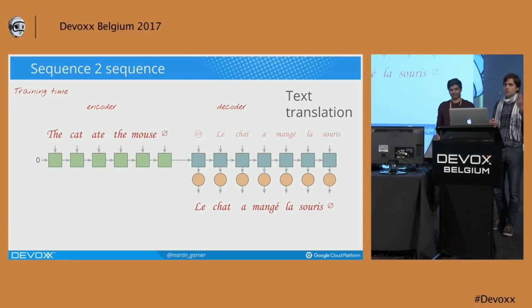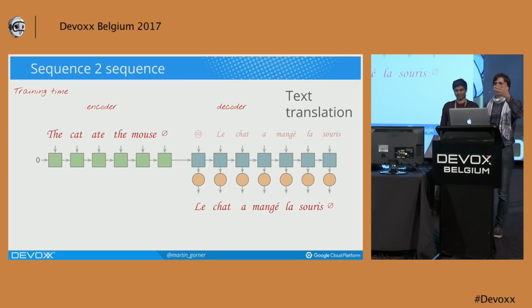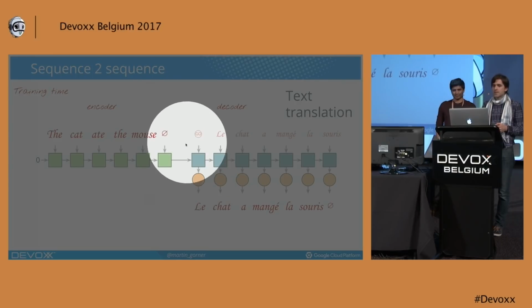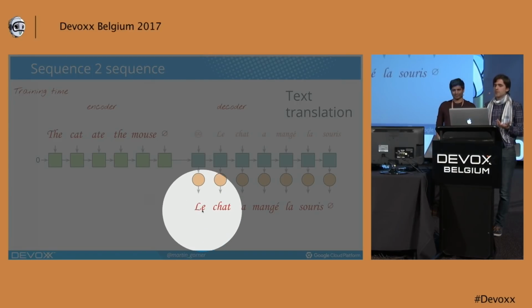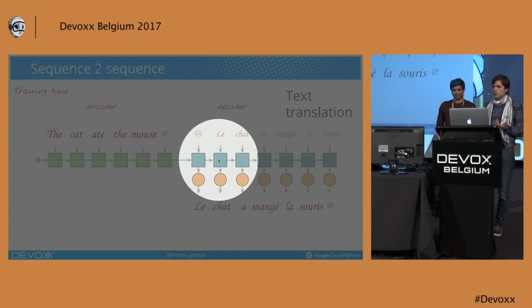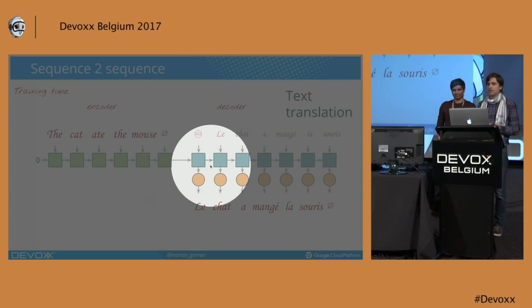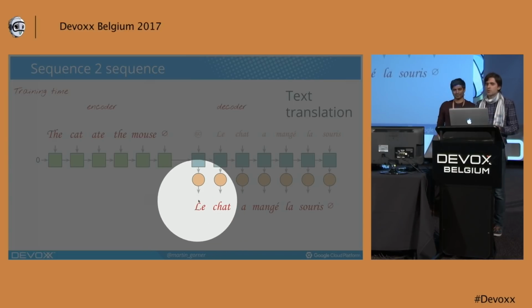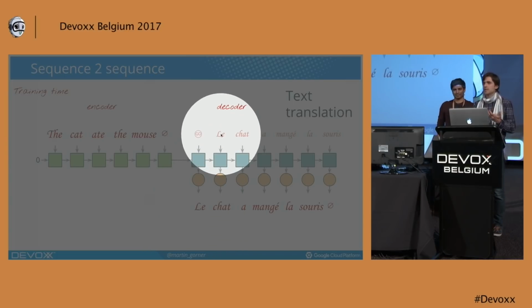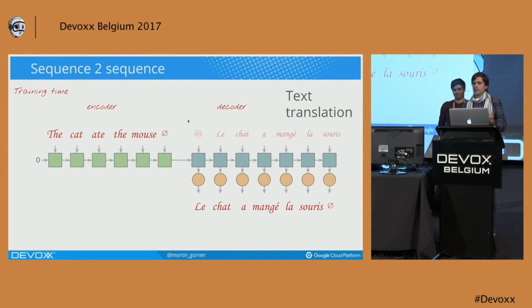What is supposed to be happening, a little bit like in the language model we saw previously, each one of those cells in the decoder is supposed to produce a word and to produce an output state, which is fed into the next cell, and you are supposed to feed also the word that was produced before as the input into the next cell. At least that's how you train it.